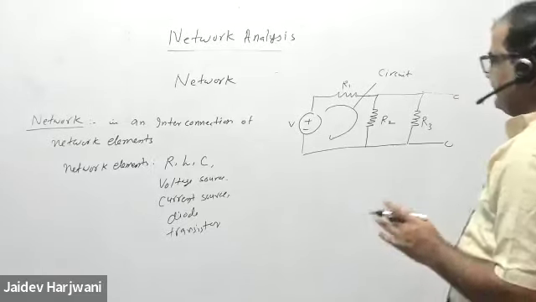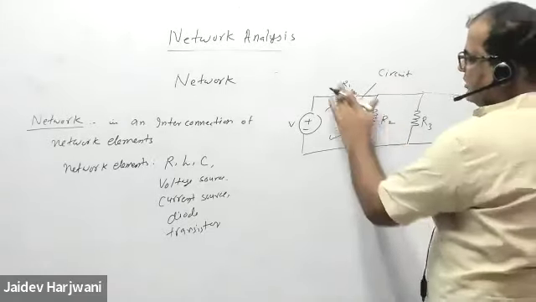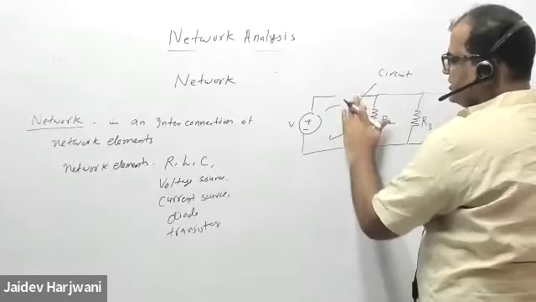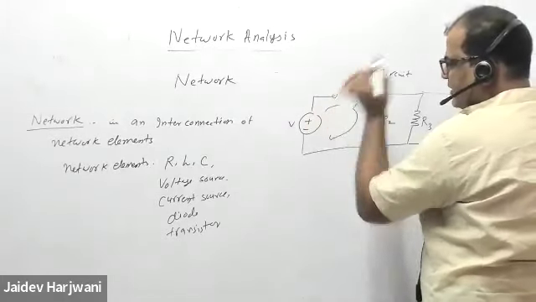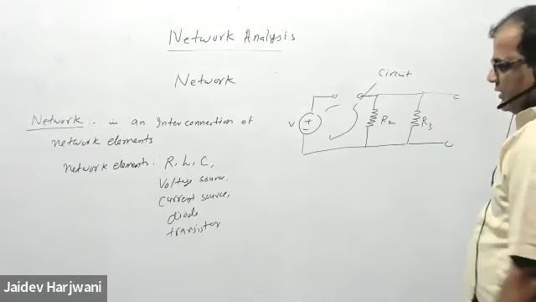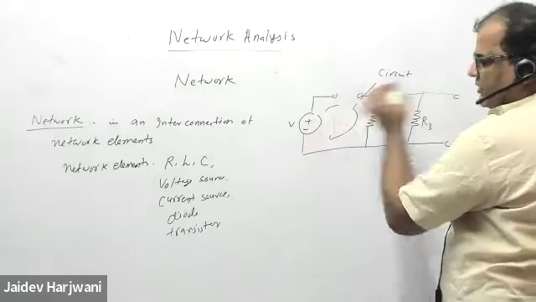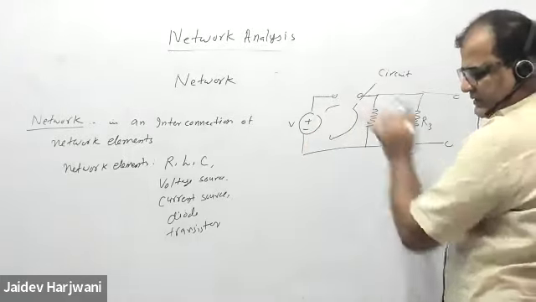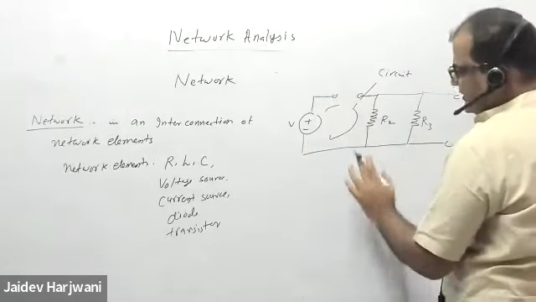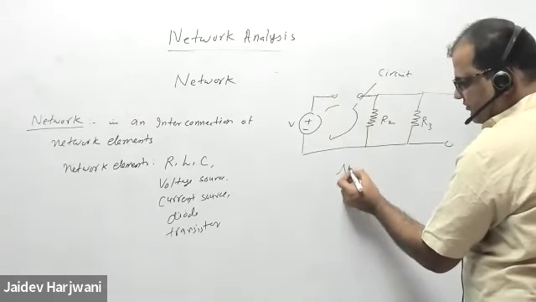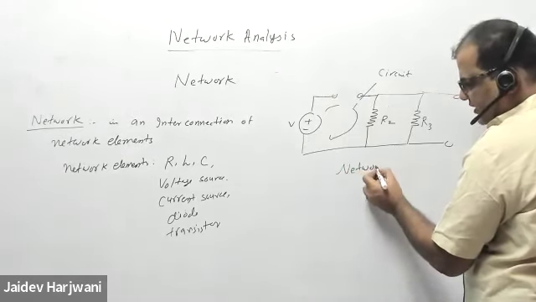For example, this is my circuit. Now suppose I remove this resistor here and make it open. This is not a circuit now, because there is an open path, but it is still a network.